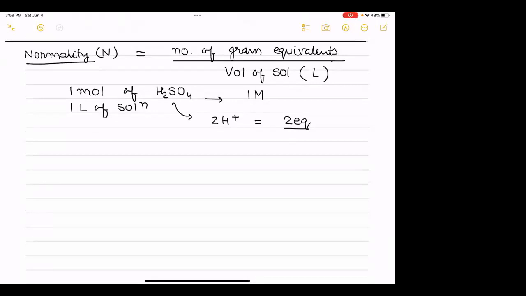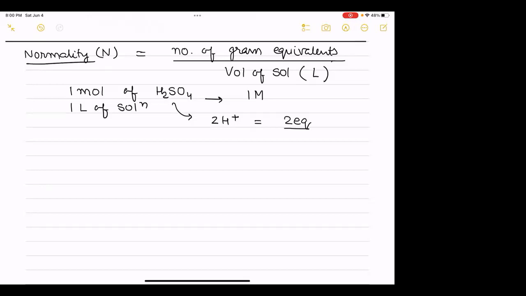For bases, it can be found out by counting the number of OH minus ions released by one base molecule. So it is equivalent to how many.